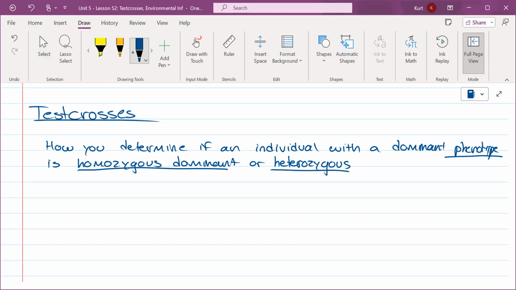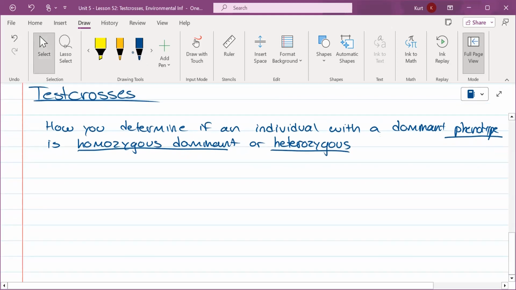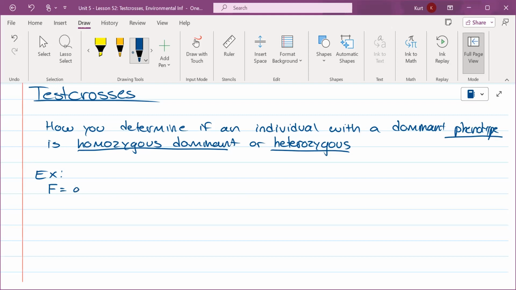All right. So I'm going to give you an example here. I raise frogs. Pretty weird, but I raise frogs. And in frogs, green is the dominant allele, and brown is recessive. I have this beautiful green frog, and I know that it is homozygous dominant.